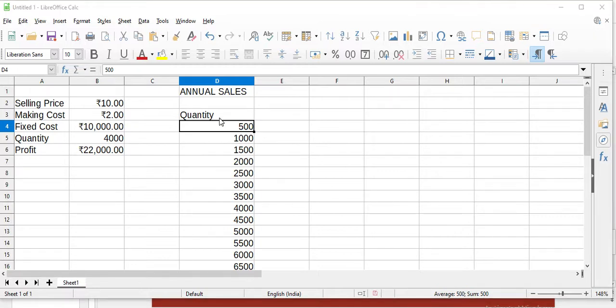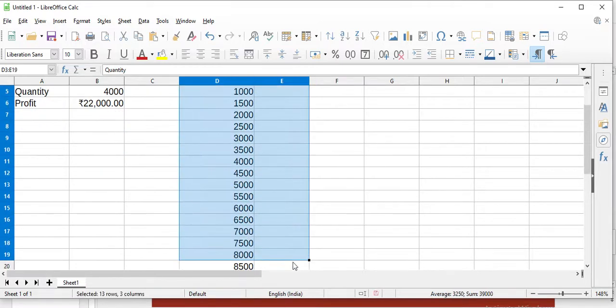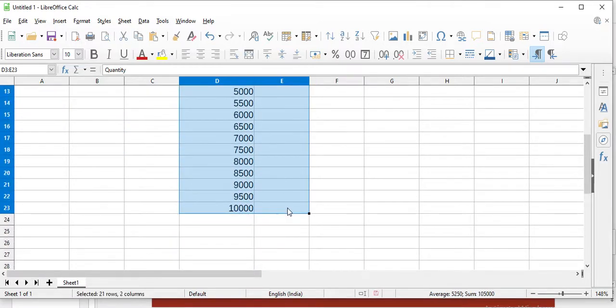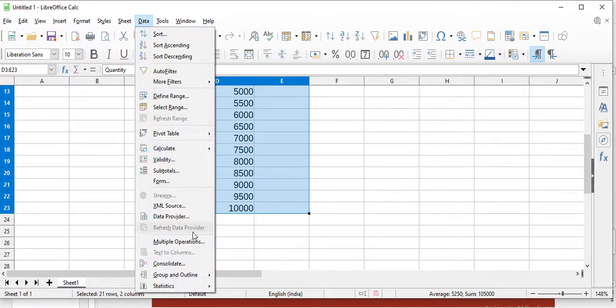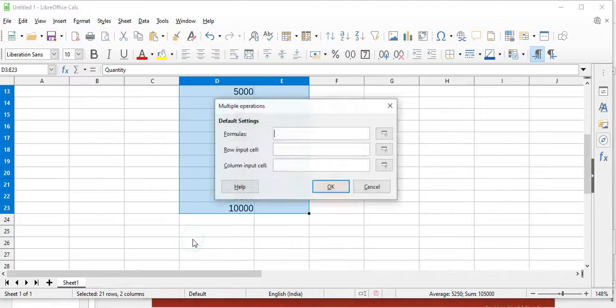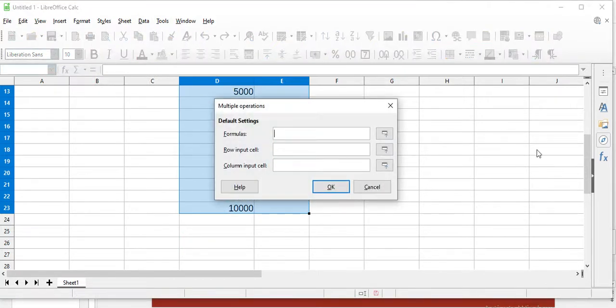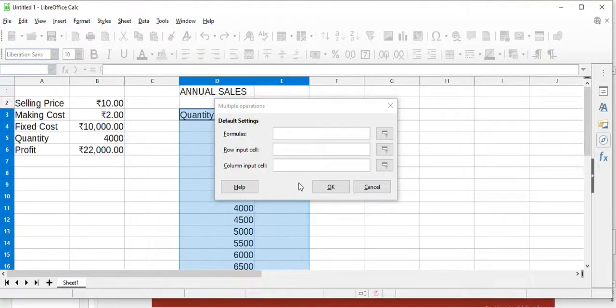For finding the profit for each of these cells, you have to select these two rows, go to Data, Multiple Operations. Now here in Multiple Operations you will see formulas, from where you are going to take the formula.